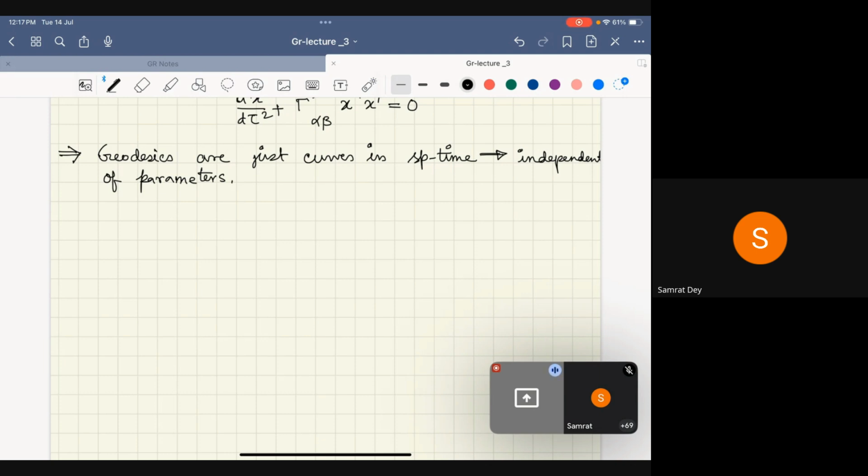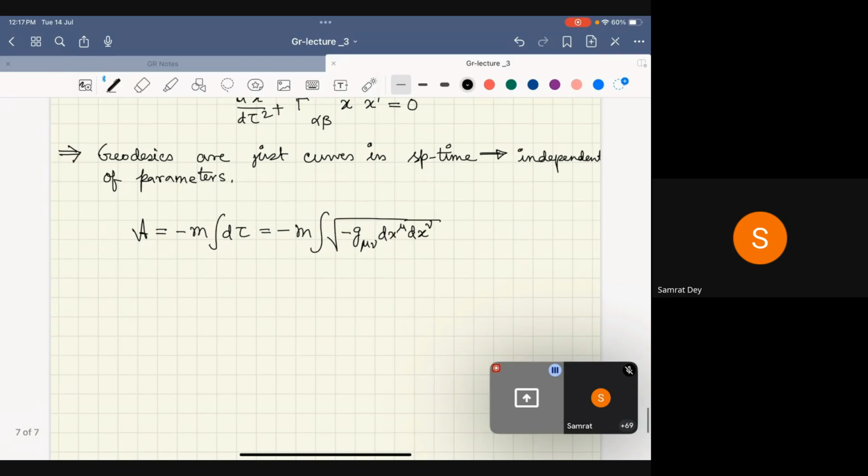So you may recall that I had my action, which we started with as minus m d tau, and this was written as root minus g mu nu dx mu dx nu.